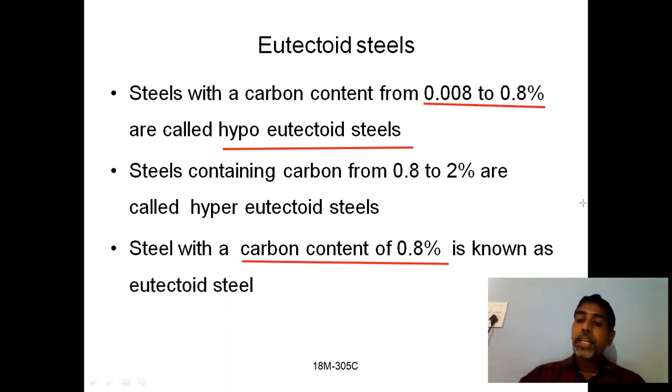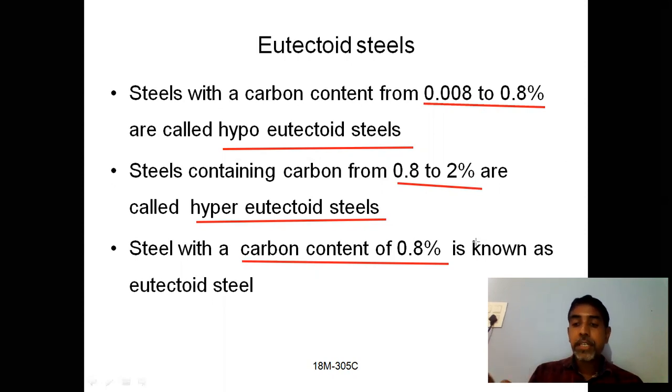If it is more than 0.8, steels containing carbon from 0.8 to 2% are known as hypereutectoid steels. So if the carbon percentage varies from 0.8 to 2%, that is more than 0.8 and up to 2%, then we can call them hypereutectoid steels.